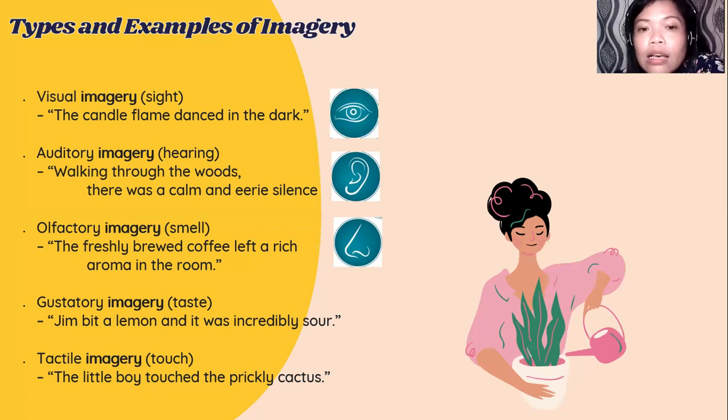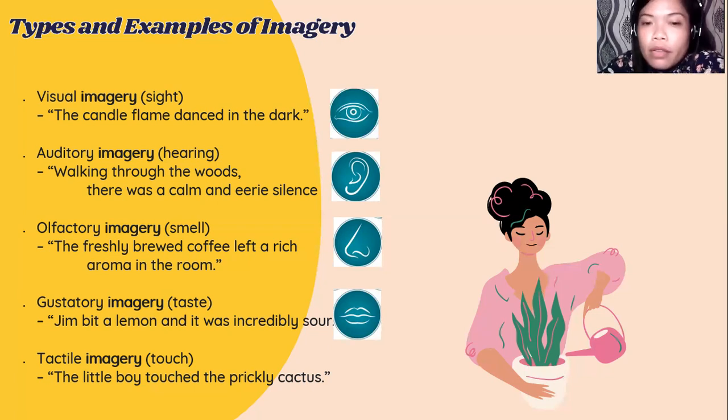And the next one is gustatory imagery. That's the taste. So example is: Jim bit a lemon and it was incredibly sour. I hope this is clear, because this is very simple.